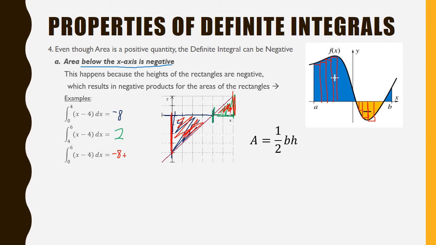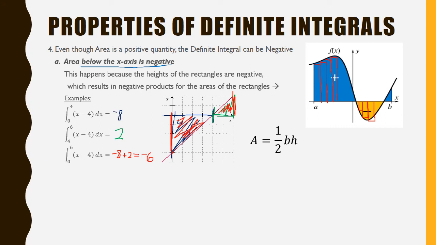And since part of it is below and part of it is above, the answer is just the difference. And so the combined area is negative 6. So that's one way that we can have a negative value for a definite integral, which you can think of as negative area. And that would be by having the rectangles have negative height.